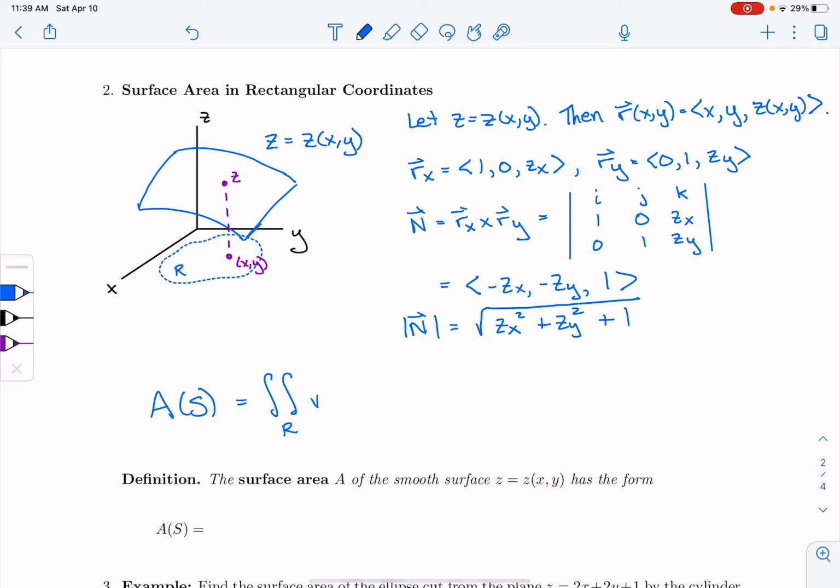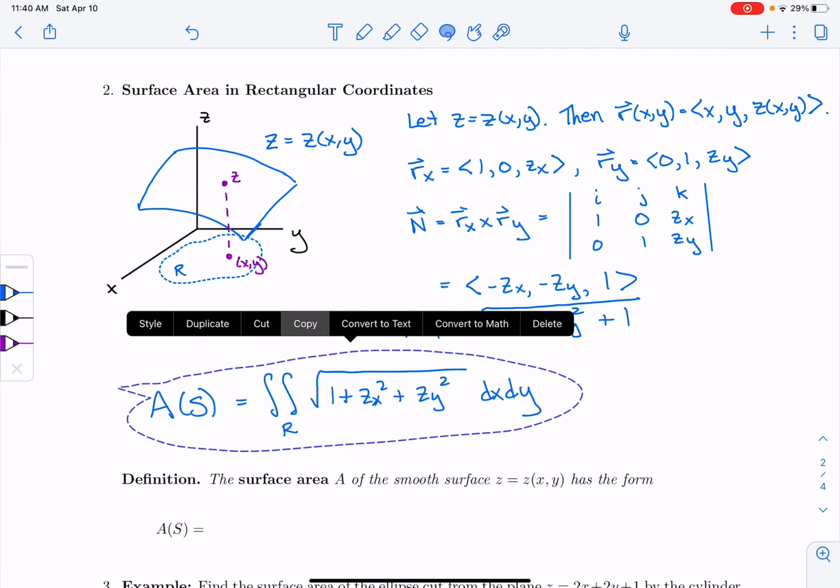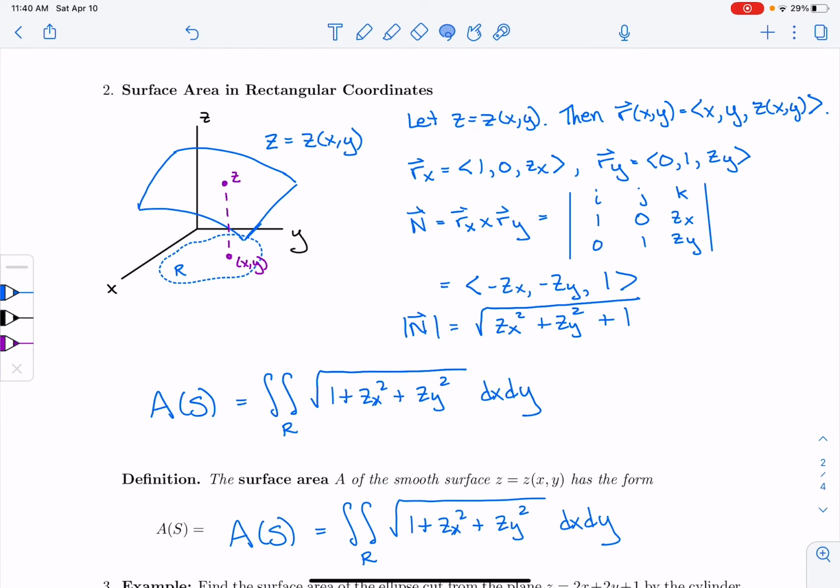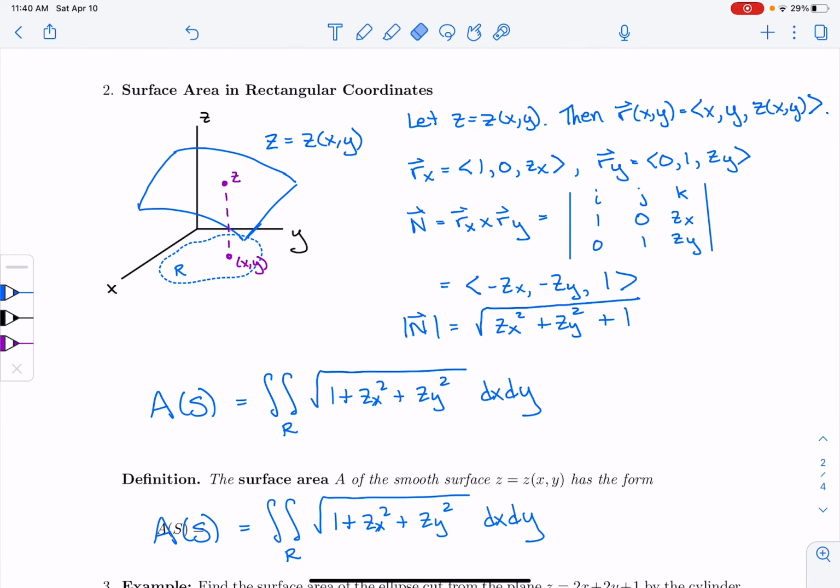We integrate the magnitude of the normal vector, which is the square root of 1 plus z sub x squared plus z sub y squared, dx dy or dy dx. And that is our definition of the surface area of a smooth surface z, which is a function of x and y.